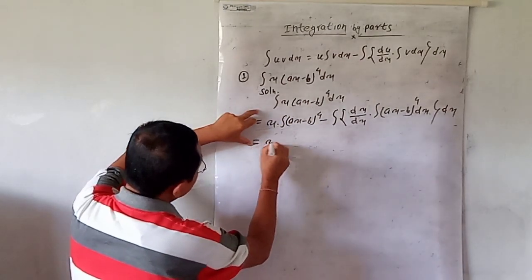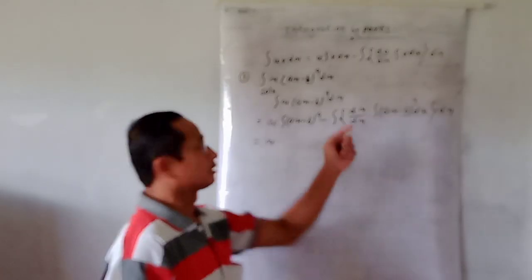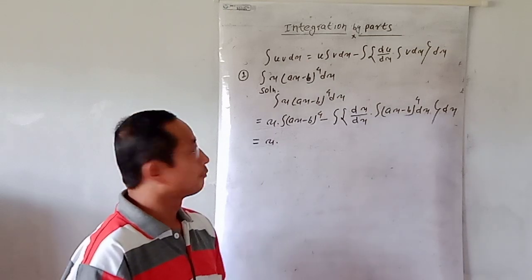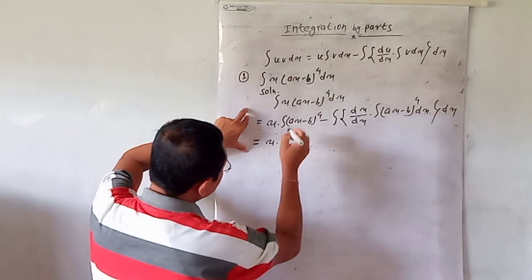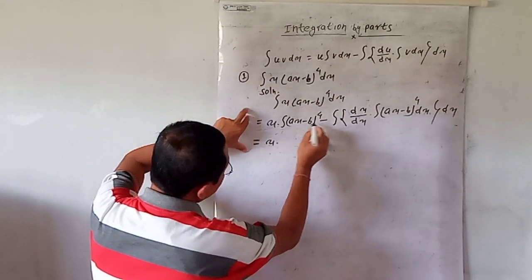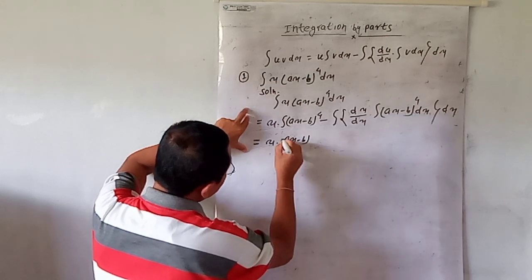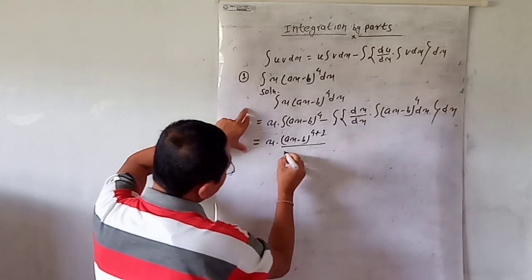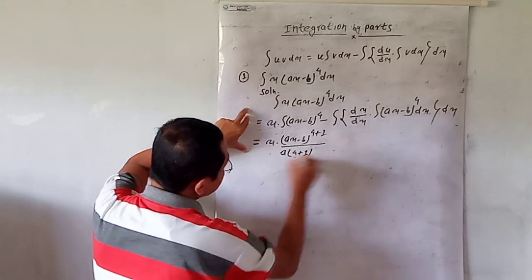Now, the integration of x into (ax - b)^4. In the previous lesson we studied the power rule. The integration of (ax - b) is (ax - b) to the power 4 plus 1, divided by a into (n plus 1), meaning 4 plus 1.